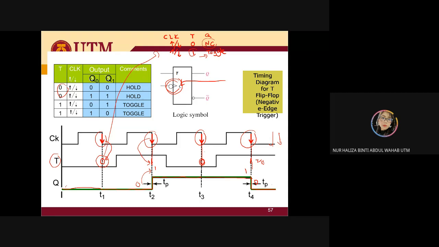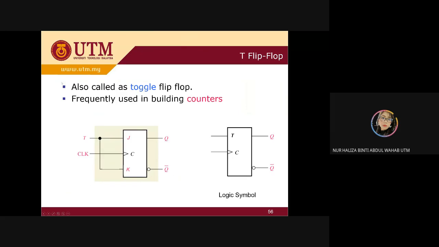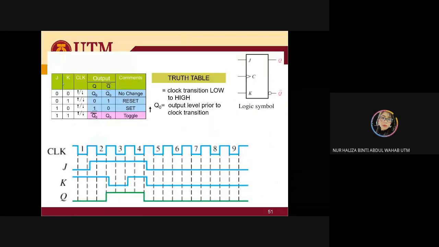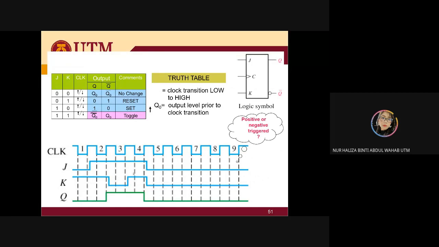Any question related to all your flip-flops here? So you need to try to play around with the waveform, because there will always be questions on it. Last time, in your previous subtopic, you played around with your Boolean, your truth table, and K-maps.